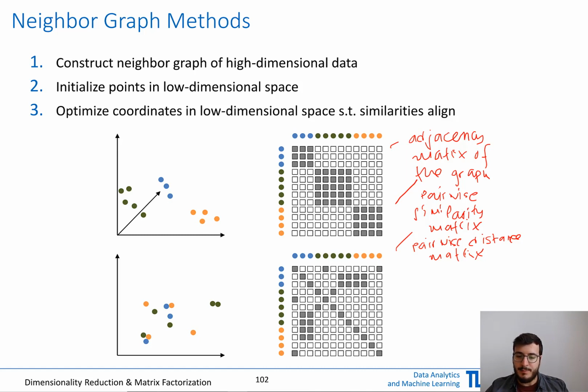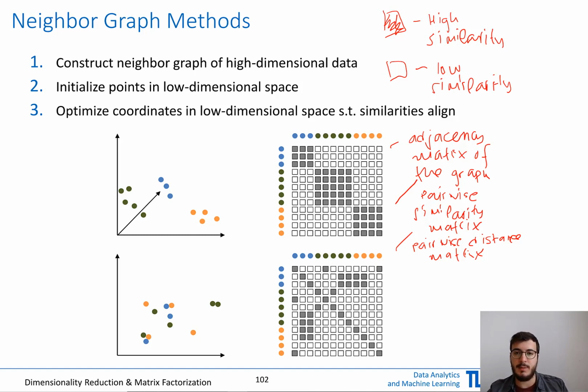Right, so let's say we've taken our high dimensional data, we've computed the distance from each data point to each other data point, and we've put it into this pairwise matrix, where now these filled in squares, so if the square is filled in, this means high similarity. And if the square is empty, it means low similarity. Or alternatively, high similarity means low distance, and low similarity means high distance.